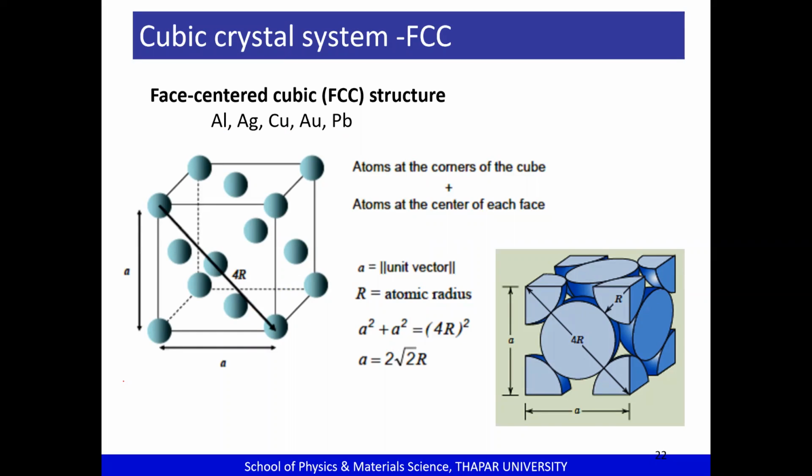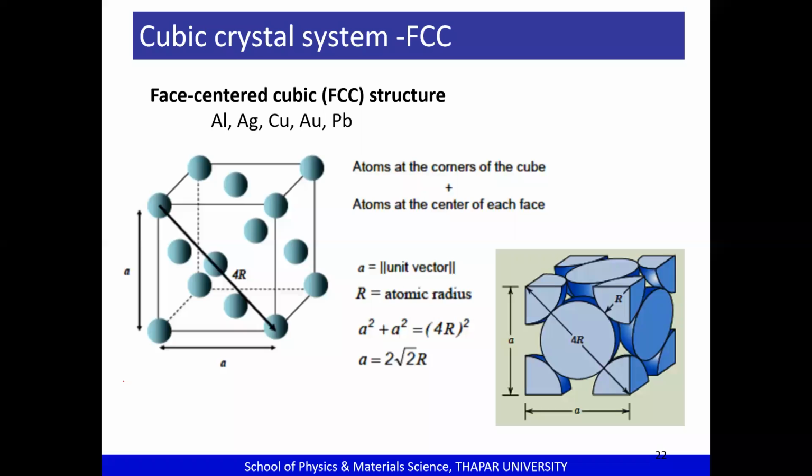Okay, so now we move to the non-primitive unit cell, which is the face-centered cubic unit cell. Many metals belong to this unit cell type. For example, aluminum, silver, copper, gold, lead, all of them make their crystal in this unit cell type.